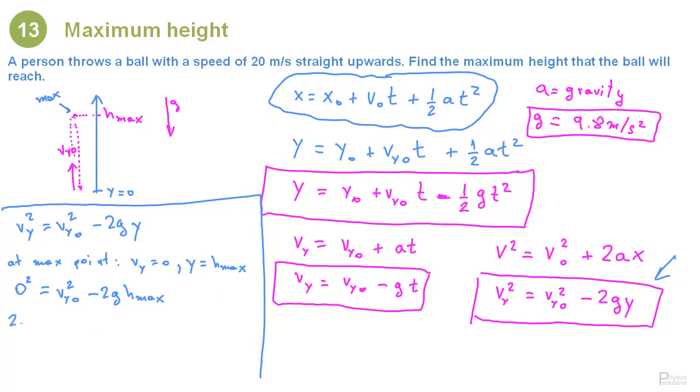We get 2 times g h max equal to Vy0 square. And now we divide by 2g and we get that h max is Vy initial square divided by 2g. And there we have it.